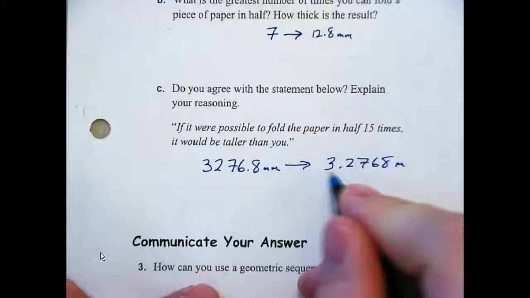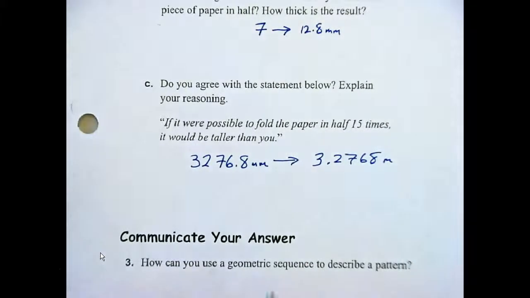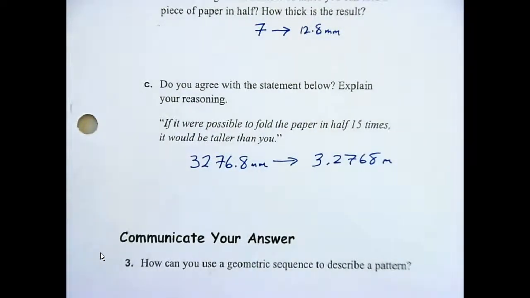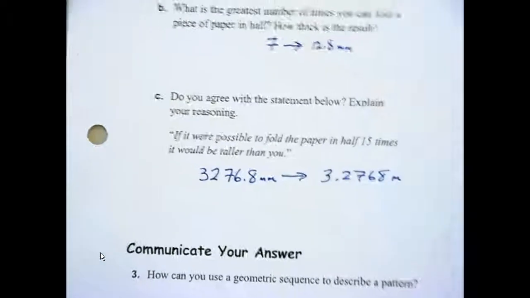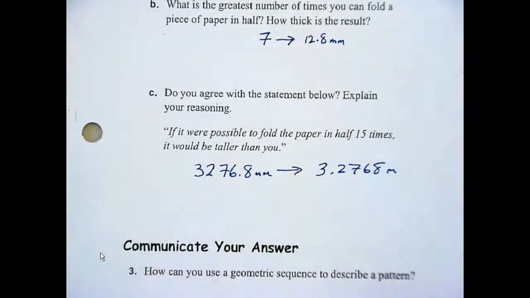A meter is about 1 yard. How many feet are in a yard? 3. What's 3 times 3? 9. You are about 9 feet tall. In fact, these guys up here did calculate it. It sounds like over 10 feet tall.